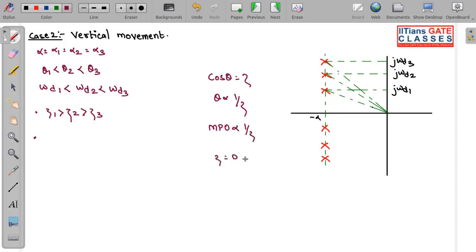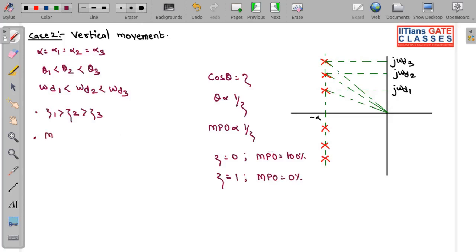When zeta is equal to 0, that means undamped system, maximum peak overshoot will be 1, meaning 100%, and when zeta is equal to 1, maximum peak overshoot will be 0%. That implies that this is your critically damped system. So you can see there is basically an inverse relationship.